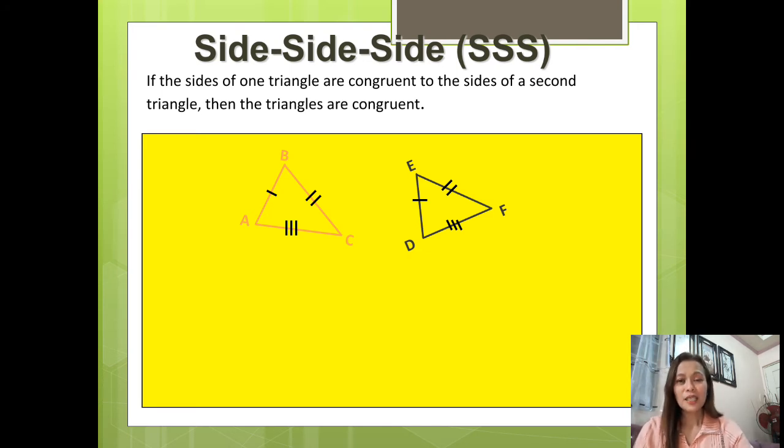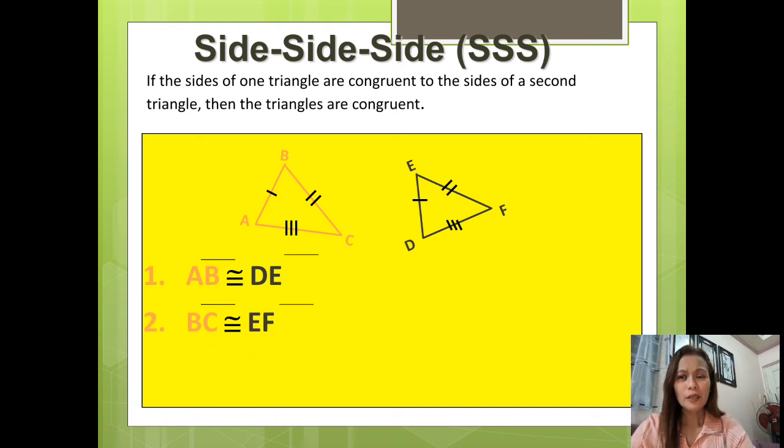To name the congruent parts using the identical mark, the first one is side AB is congruent to side DE. Another congruent part, side BC is congruent to side EF. And the last one, side AC is congruent to side DF.